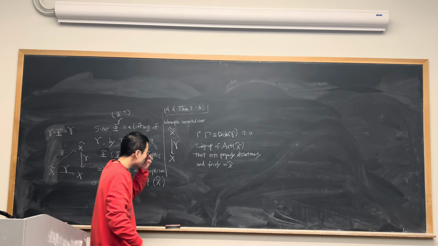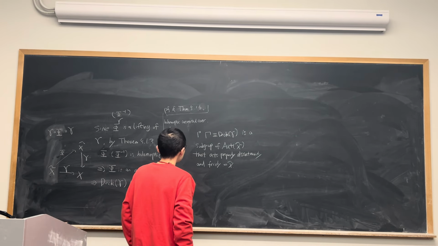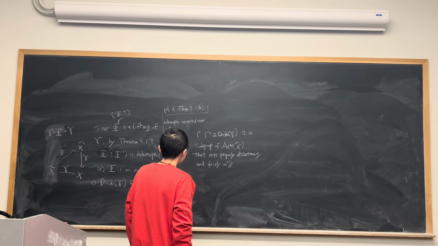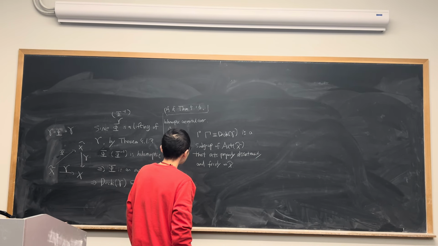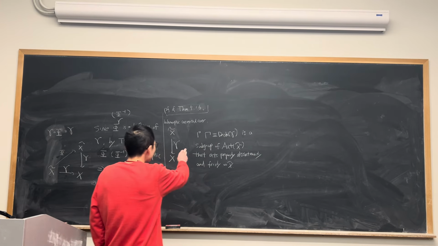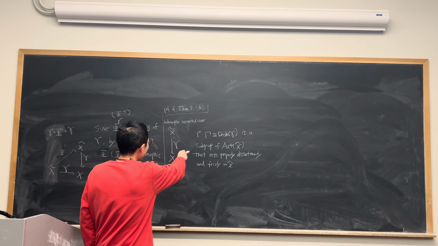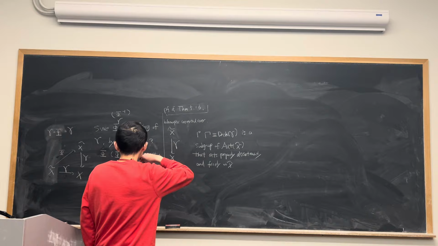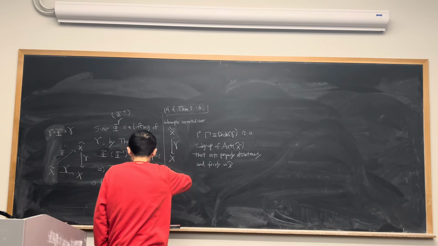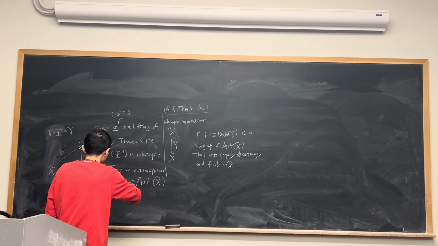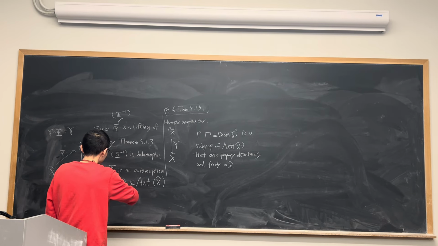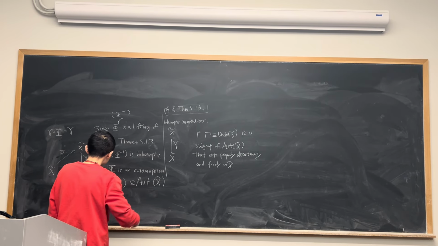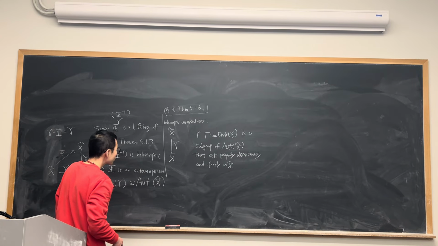Okay, so how do we prove the first part? For the first part, gamma is a subgroup of the automorphisms, so we need to show that it's a group. I think we show that this transformation is a group.